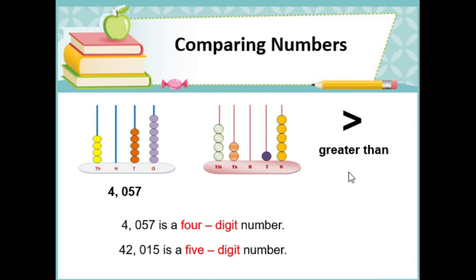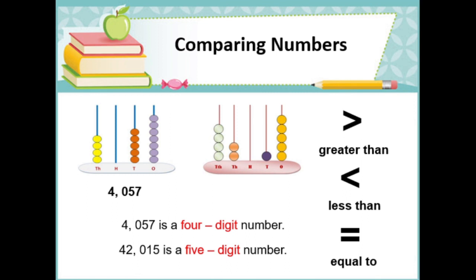This is your symbol for greater than or bigger. This is for less than or smaller. And this is equal to, or whether the numbers have the same digits.